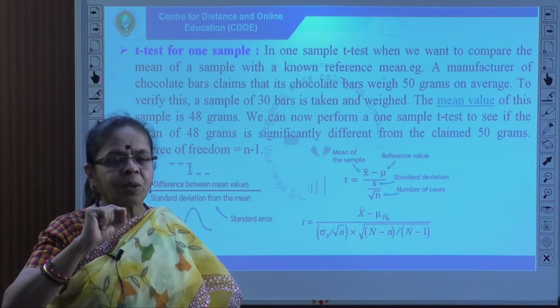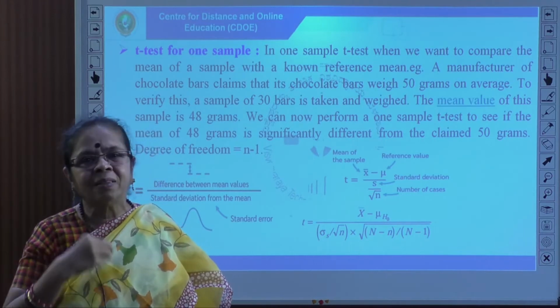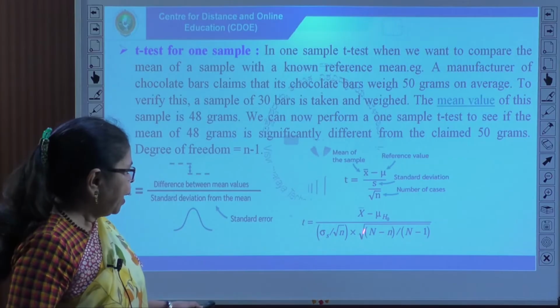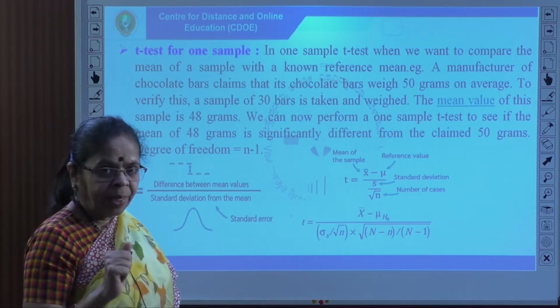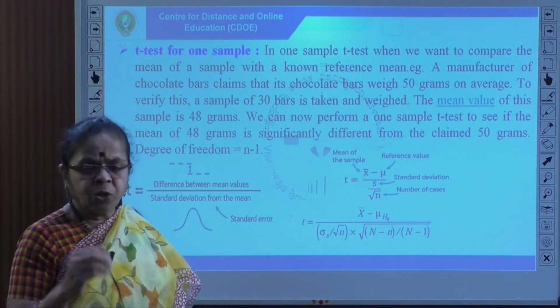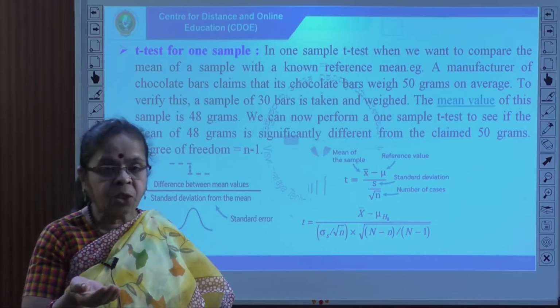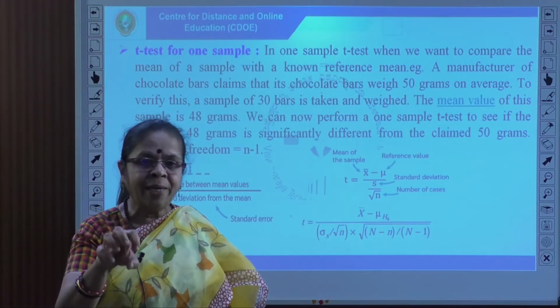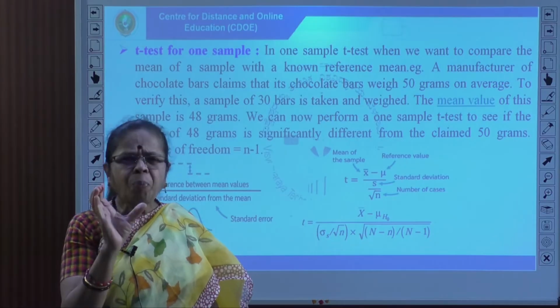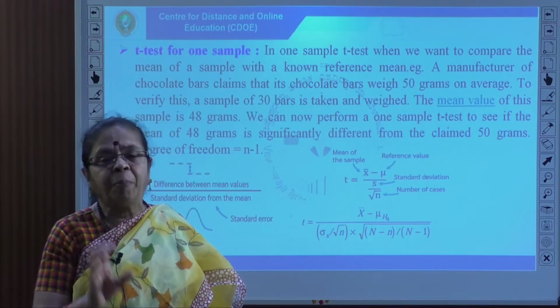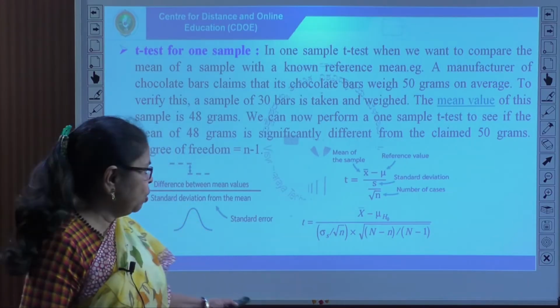I have put both so that you get familiar with different nomenclatures. N is the population size, n is the sample size. You remember in the z-test we saw, if I have 20 stores, I choose 5 of them. So, the population size and the sample size are comparable. That time we use this formula.